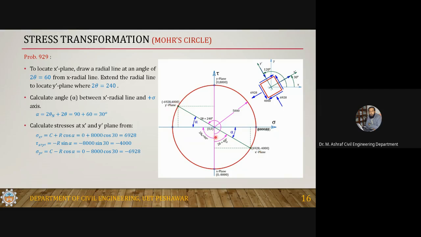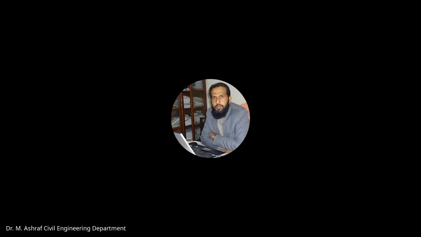Now how to get the coordinates of this point? Sigma x prime is equal to c plus r cos alpha. Alpha is 90 minus 2 theta; since this is 90, so 90 minus 60, alpha is 30 degree. So c plus r cos alpha is equal to 6928.